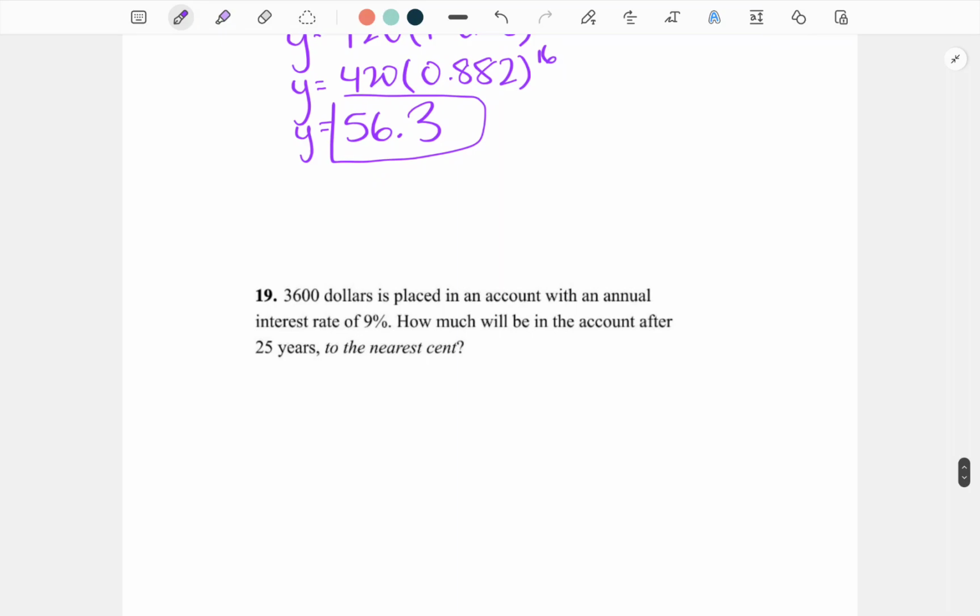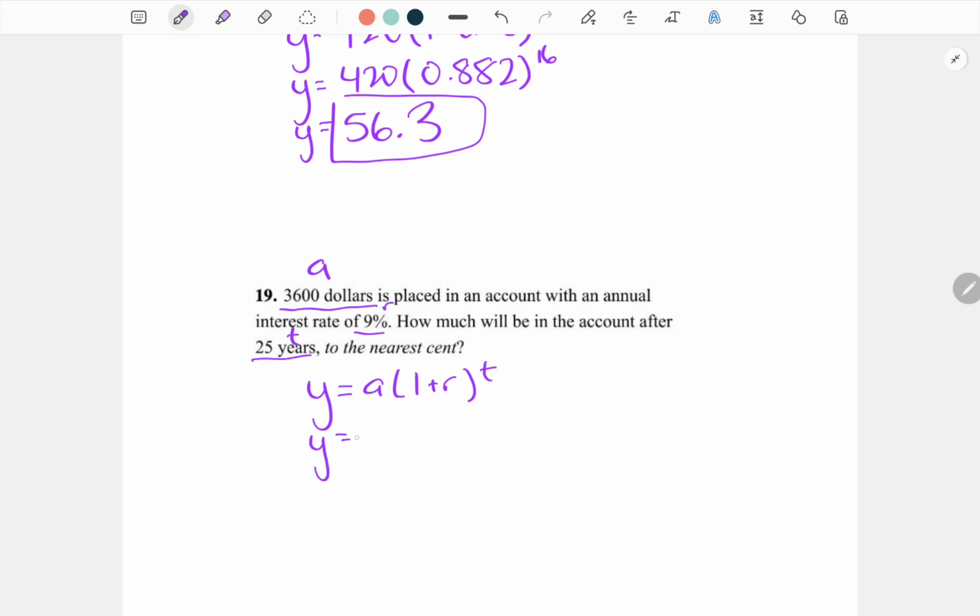And now this time, since dollars are being placed in an account with an interest rate, that's going to be growth. So it's going to be y equals a 1 plus r to the t. My initial amount is 3,600. My rate is 9%, and my time is 25.